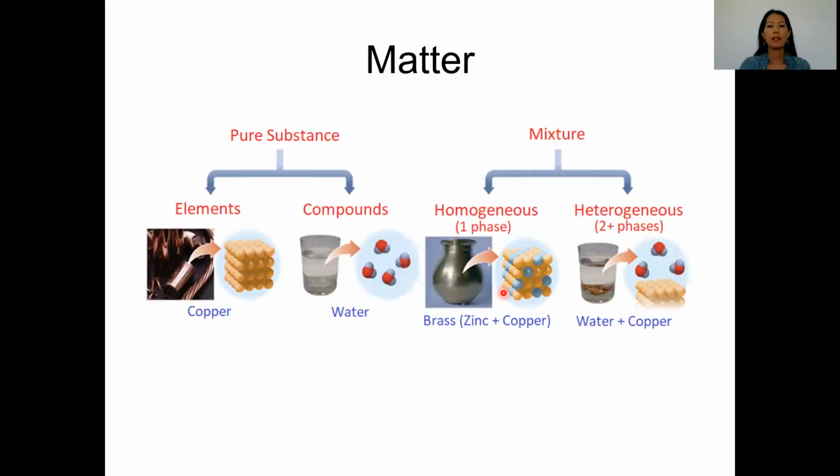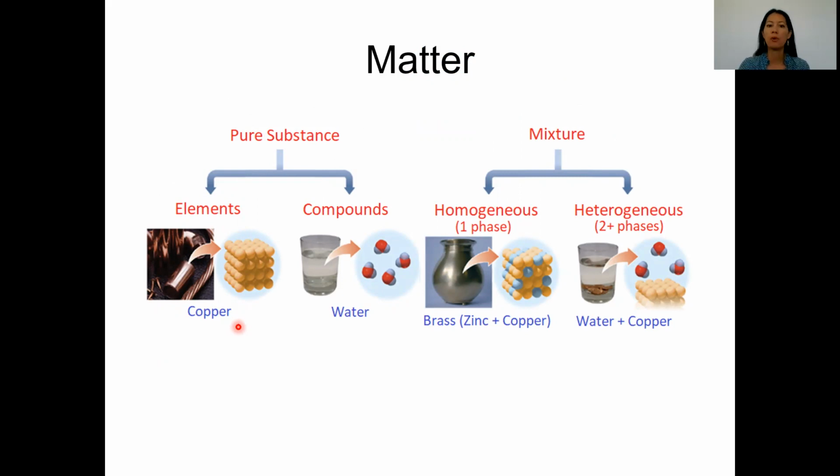There are two main classifications, a pure substance and then a mixture. So a pure substance is just how it sounds, pure, nothing else added. You can have elements, just like elements off the periodic table, such as copper. Pure meaning there's nothing else in there. There's no other metal, for example, no iron mixed in with that.